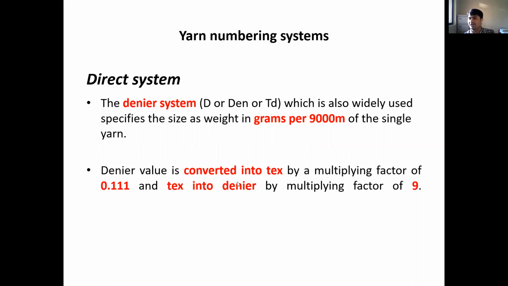How can we convert into tex system? By multiplying by a factor of 0.111. Whatever denier value comes, we can convert it into tex system, but we have to multiply with this 0.111. Like that, tex system also we can convert into denier, but here the multiplication factor is 9. Okay, so denier we convert into tex by multiplication of 0.111, and tex into denier by multiplying by a factor of 9. So we can get tex into denier, denier into tex.